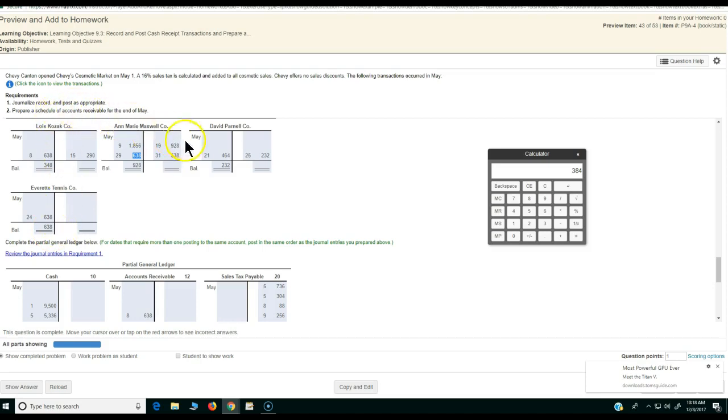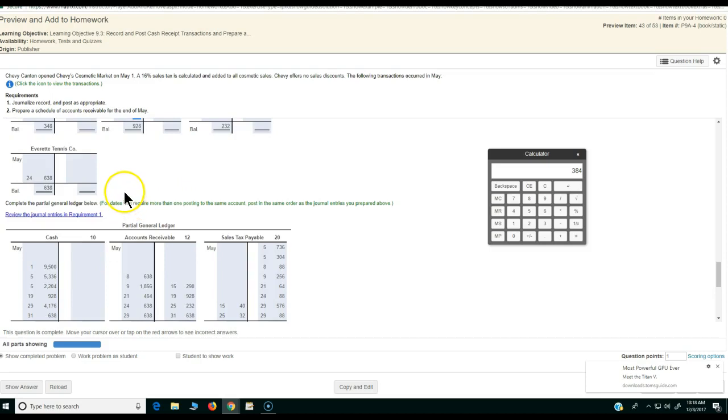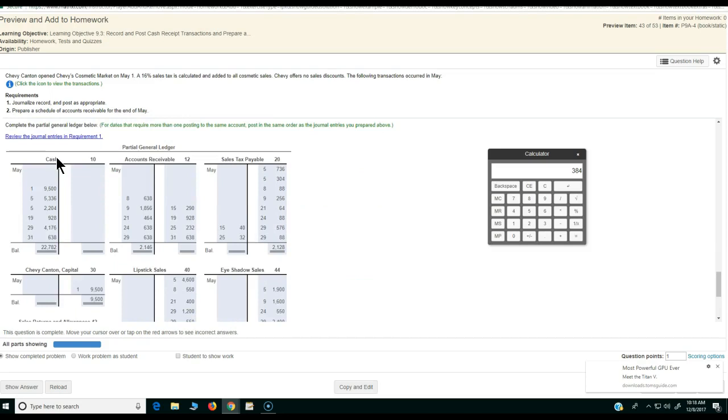Now, that's the subsidiary ledger. That's the grouping of all of the people that owe us, the company, money. We keep track of how much is owed to us. And then at the end of the month, what we do is we prove the total of the accounts.